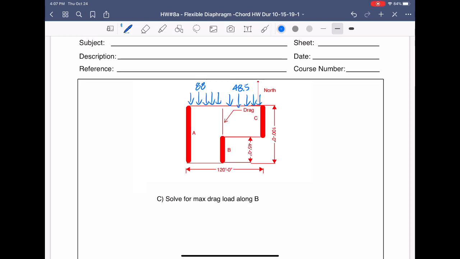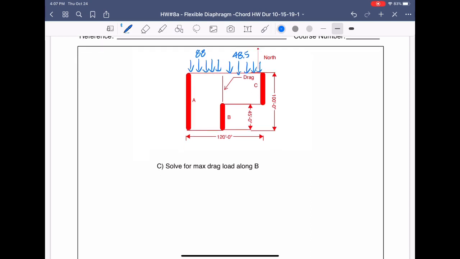All right, so this is going to help us down the line. So let's just solve for reactions at A, B, and C, okay? Reaction at A is equal to 88 pounds per linear foot times 55, right, which is the total length, yep, divided by 2.